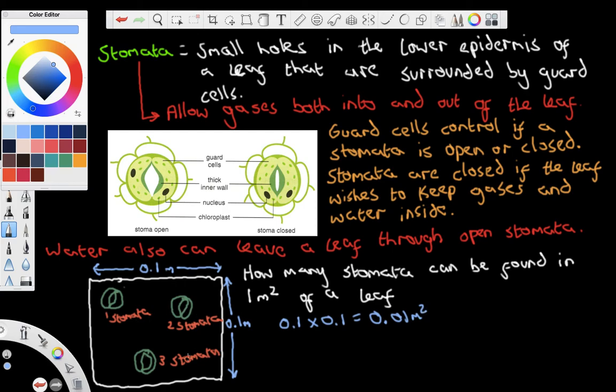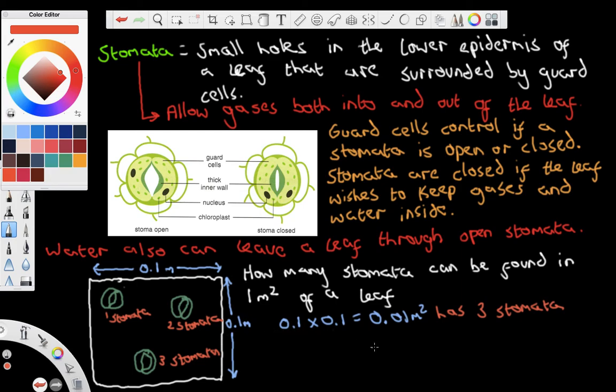We have got 3 stomata, okay? So there are 3 stomata in that area. So 0.01 metre squared has 3 stomata because we've counted them. We want to know how much is in 1 metre squared of a leaf.